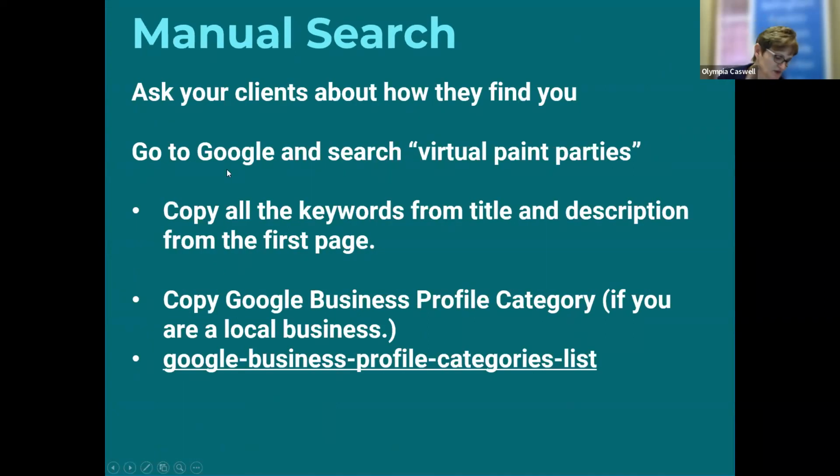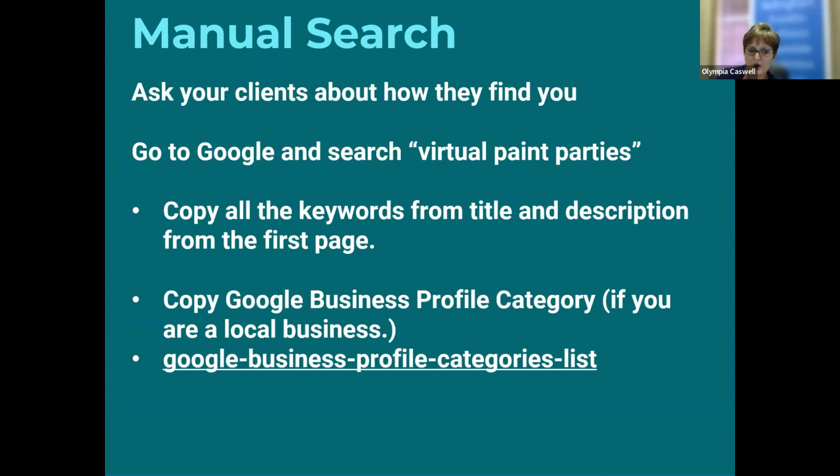So when I get a new client, I would say, okay, how do you think clients search for you? And they will say, well, I do cabinet painting. So I would type that in Google. And actually, for this example, I use virtual paint parties. Let's keep it simple. So I look through that and I copy all the keywords that I see in the titles and descriptions in that page.